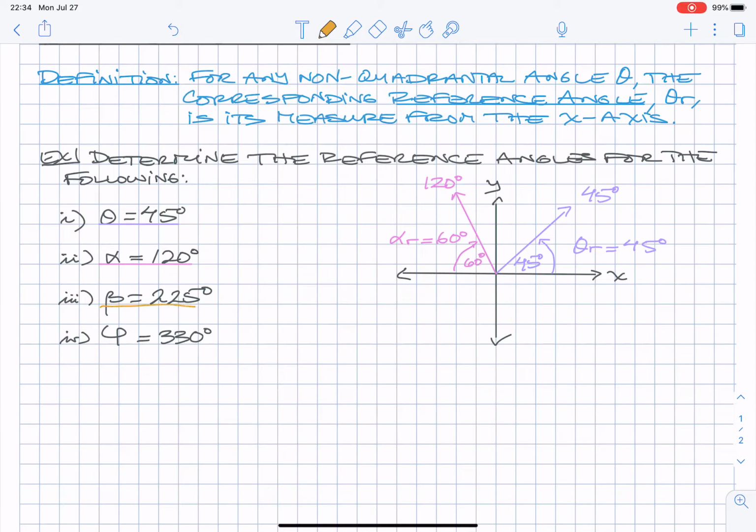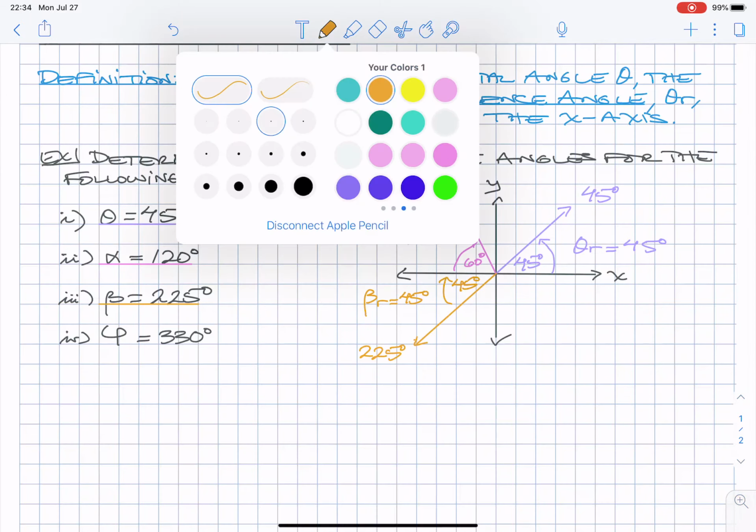Okay, so let's have beta, 225. Well, what's interesting about 225 is it's 45 degrees away from the x-axis. So notice that beta reference is the same as theta reference angle, but they're in two different quadrants. But they're both the same distance away from the x-axis.